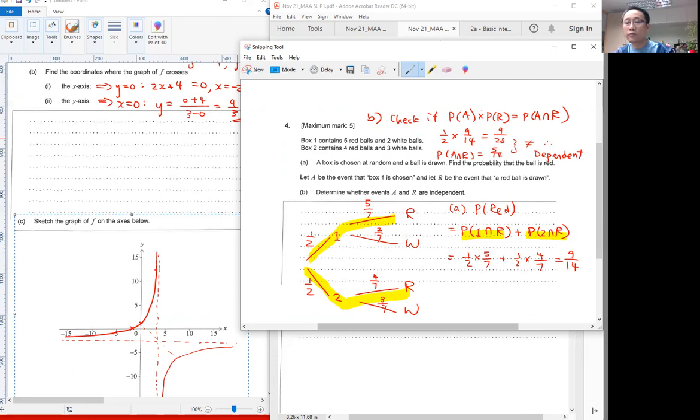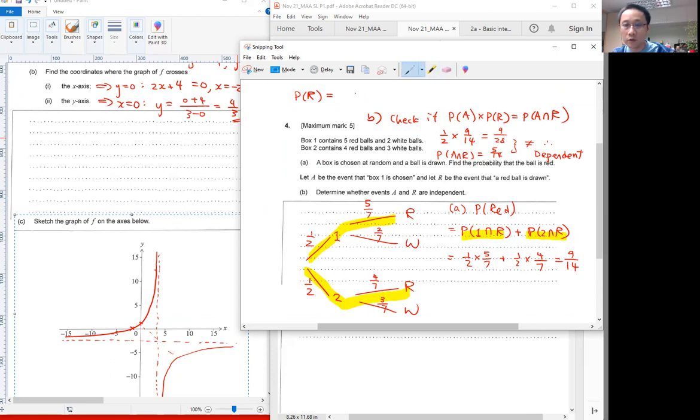And I said that this is not my favorite equation because it doesn't really allow us to understand the meaning of events being dependent. A better definition of events being independent is that P(A) should be the same. Actually, it should be P(R) in this particular scenario.